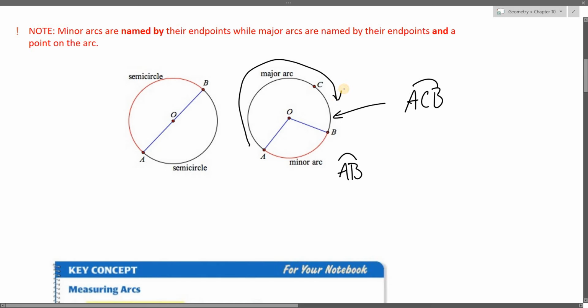You call each point. So we'd call that the major arc ACB. This is how you can tell the difference between that one being major and this one being minor. That's an important concept, and as we start using terminology and names, you'll want to know the differences between those.